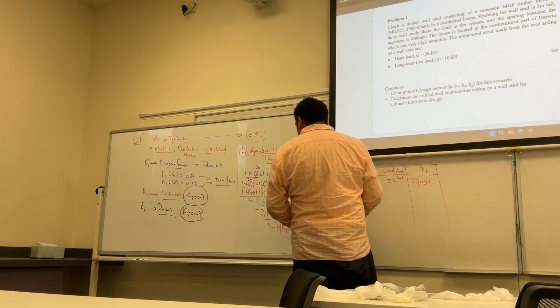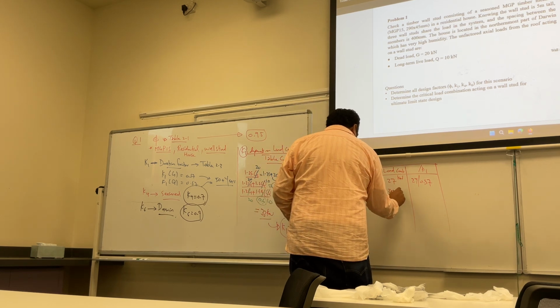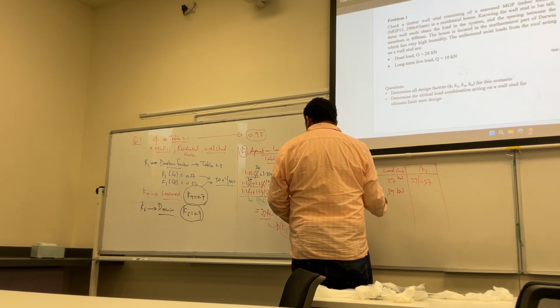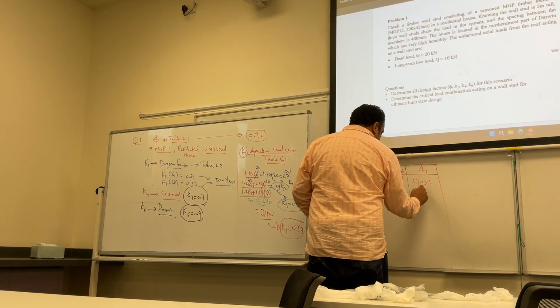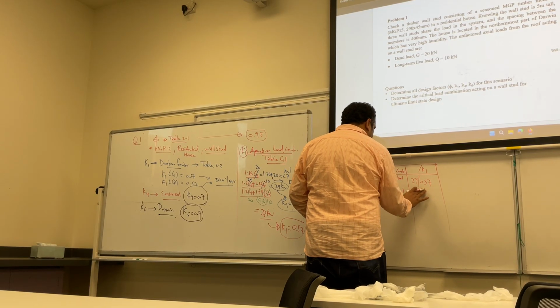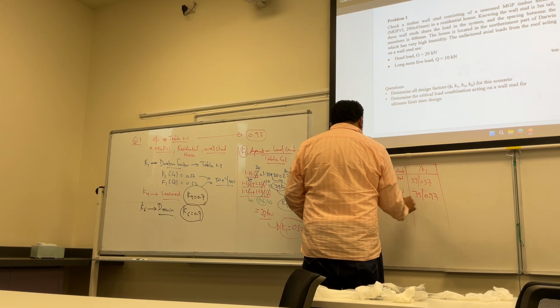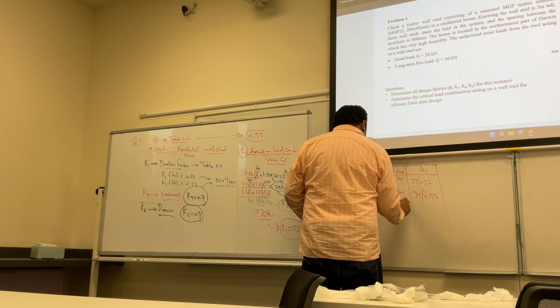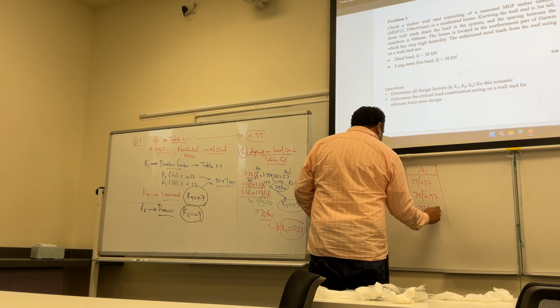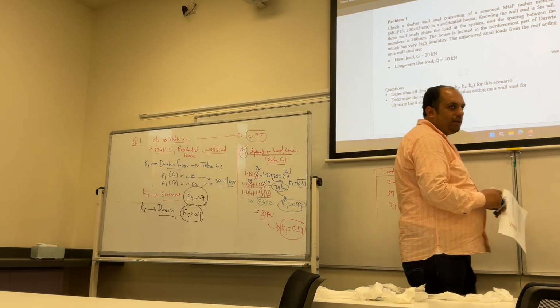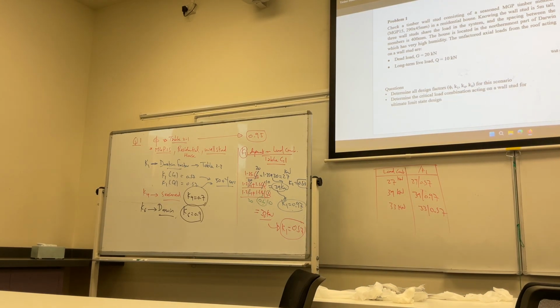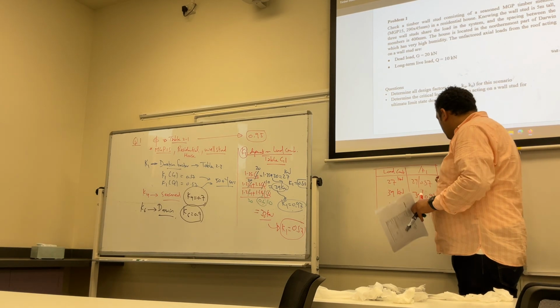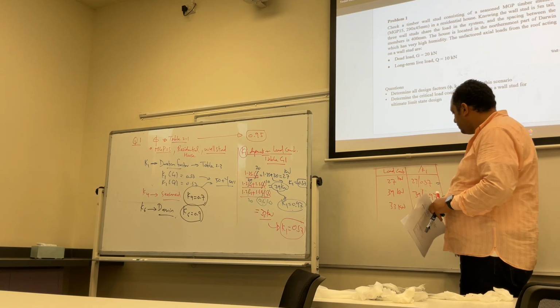The second one, 59, and we divide by 0.97. The third one is 73, and we divide by 0.57. Which one is the most critical one? The third one. So to be sure, let's calculate the first, second and third.